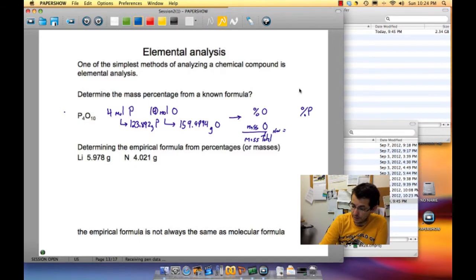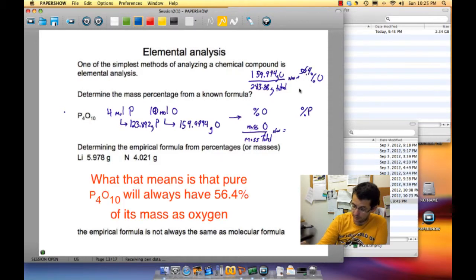Or in this case, we can find that this would be equivalent to 159.994 grams of oxygen divided by 283.88 grams total times 100 to give us the percent of oxygen, which in this case would be 56.4%.